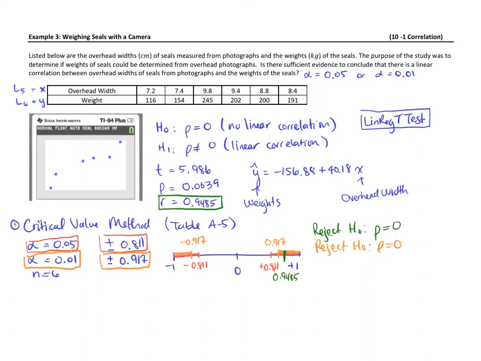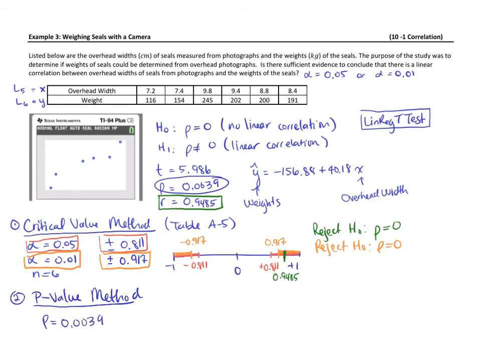All right, so that's using the critical value method. Now, if we want to use the p-value method to make a conclusion about the null hypothesis, let me write down p-value method. We can use LinRegTTest, and from the LinRegTTest we see that our p-value is 0.0039.